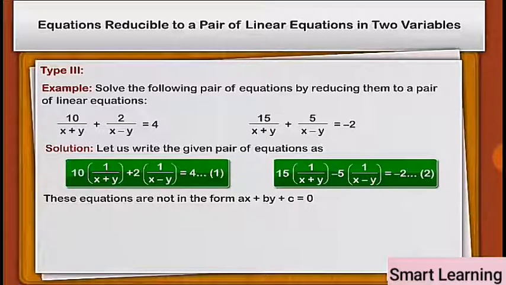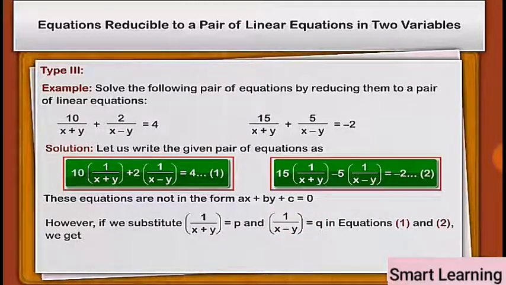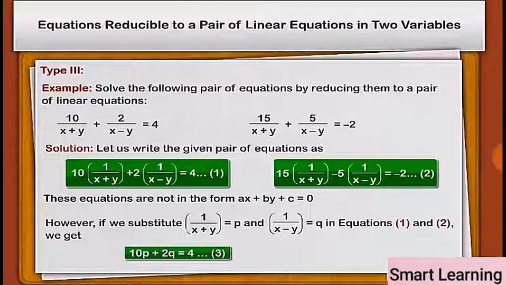These equations are not in the form ax plus by plus c is equal to 0. However, if we substitute 1 upon x plus y is equal to p and 1 upon x minus y is equal to q in equations 1 and 2, we get 10p plus 2q is equal to 4.